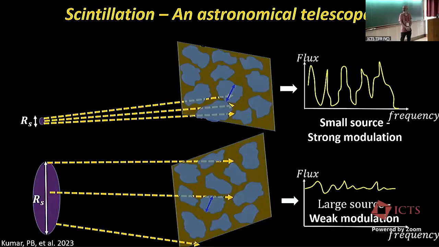And one specific application of this that we discussed a couple of years ago is that if you have scintillation in the host galaxy, this can be very useful to tell something about the lateral size of the source that I mentioned back in the first slide. If the lateral size of the source, as projected onto the scintillating screen, is large compared to the diffraction length, this would lead to weak modulations. If it's small compared to the diffraction length, it would lead to large modulations as a function of frequency.